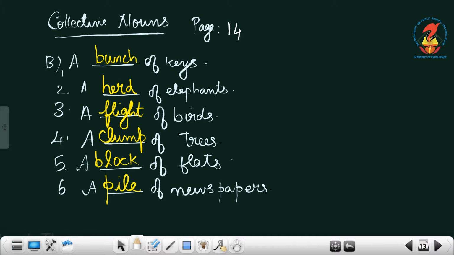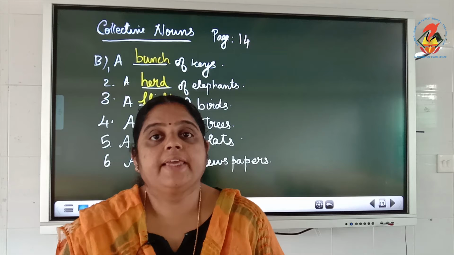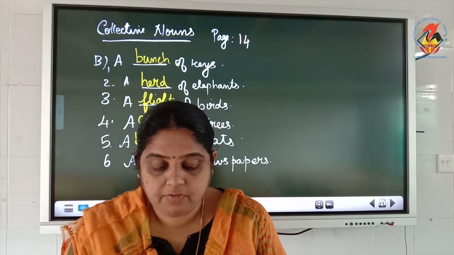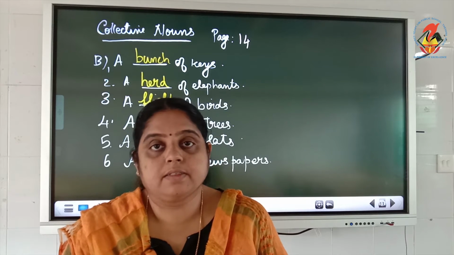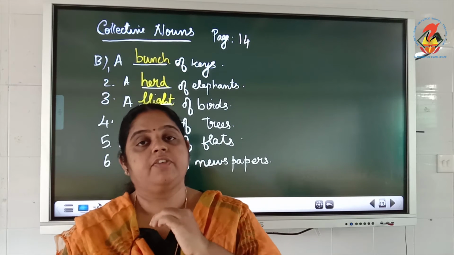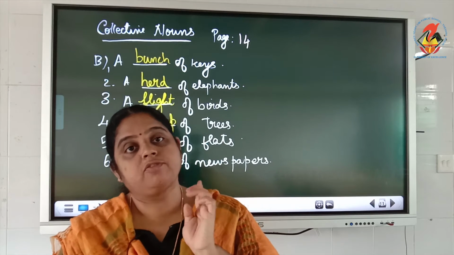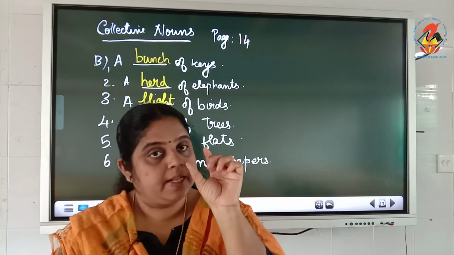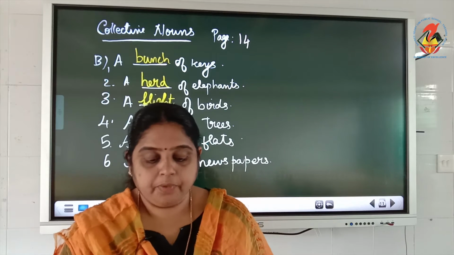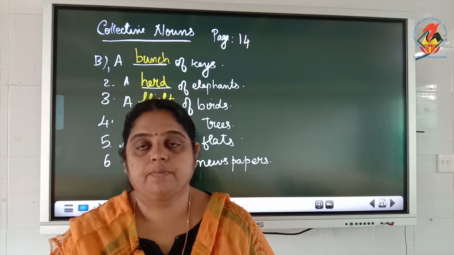Page number 14. Read the passage carefully. Fill in the blanks with correct collective nouns from the bracket. So one paragraph is given in which you have to use the collective nouns. In the bracket it is given, you have to select the correct one and write there. I will read the passage for you.